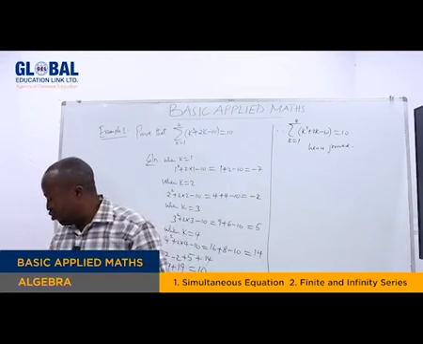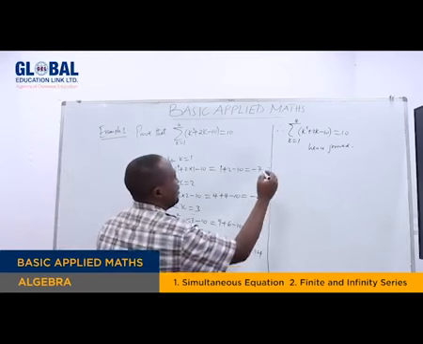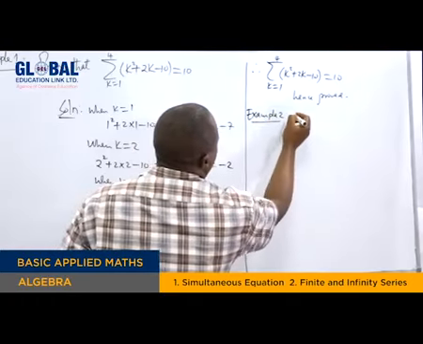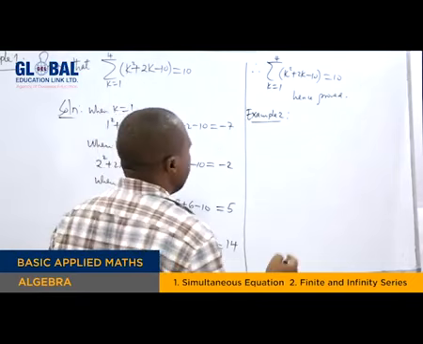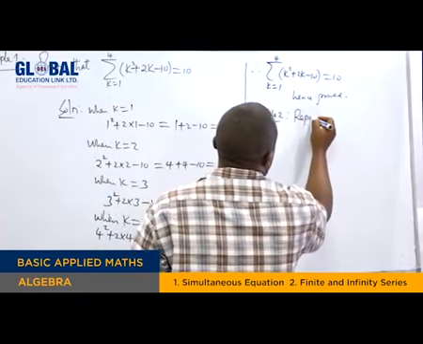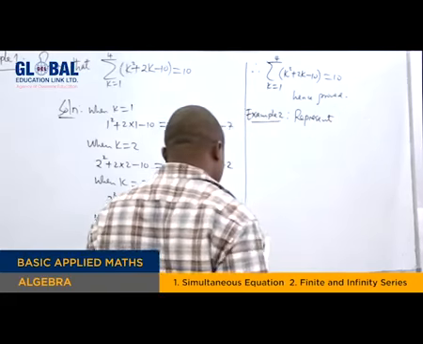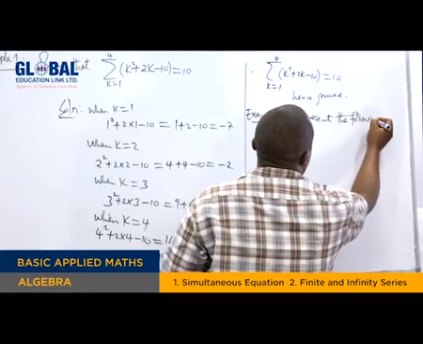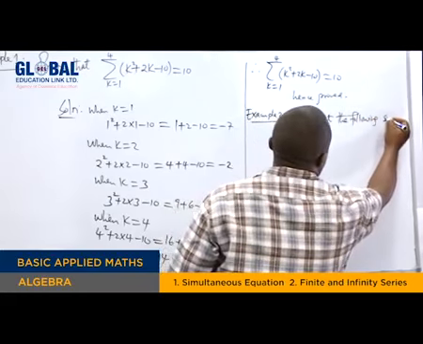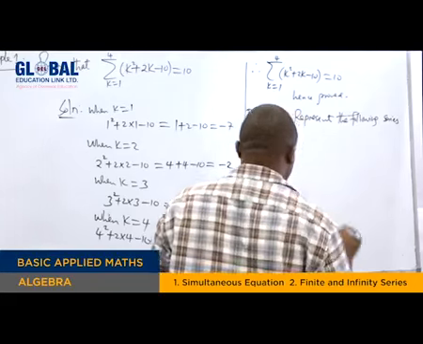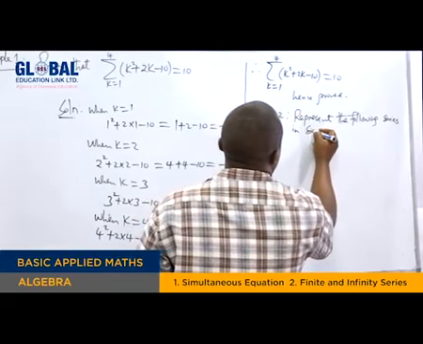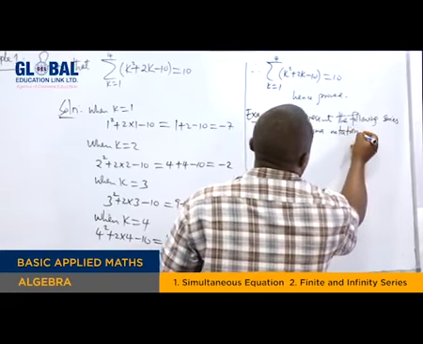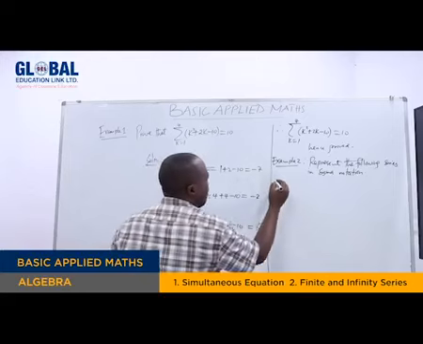Now, my dear students, let us proceed with the second example concerning sigma notation. And this time we have a question which says, example 2. The question says, represent the following series in sigma notation.